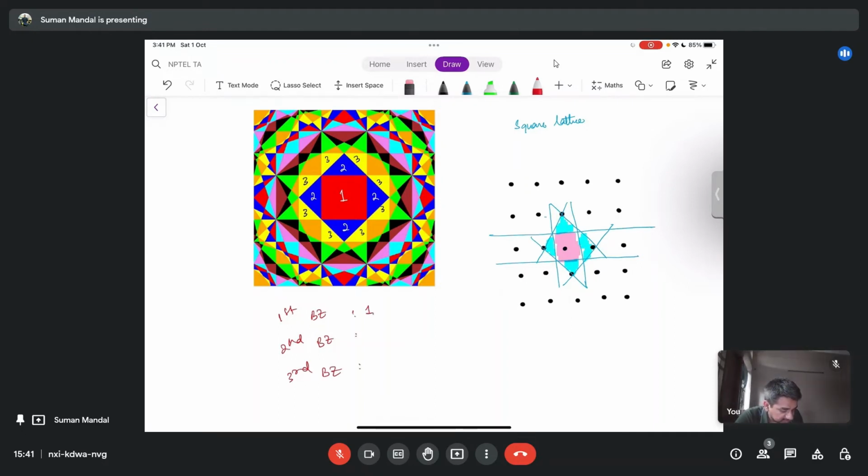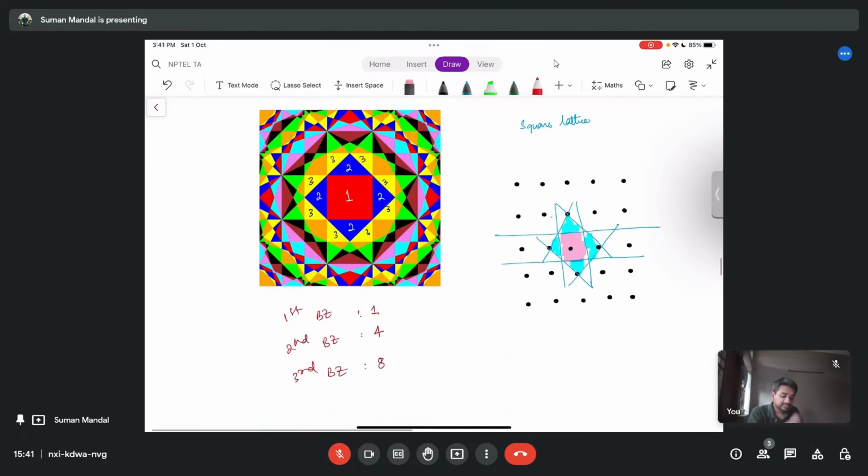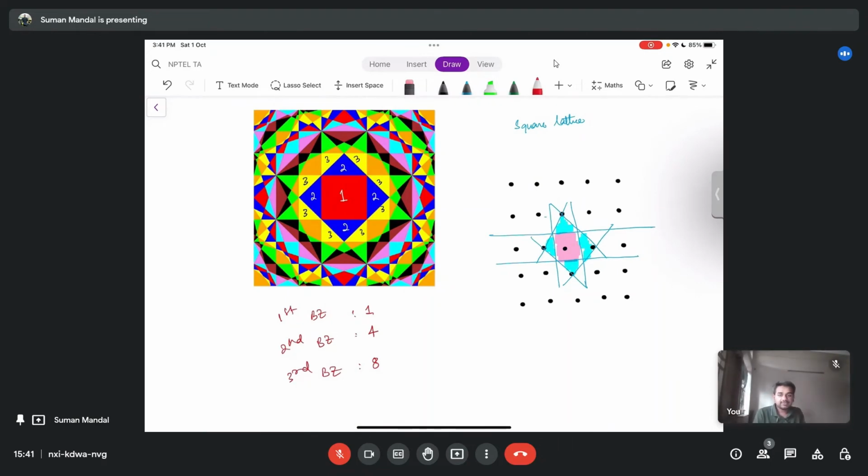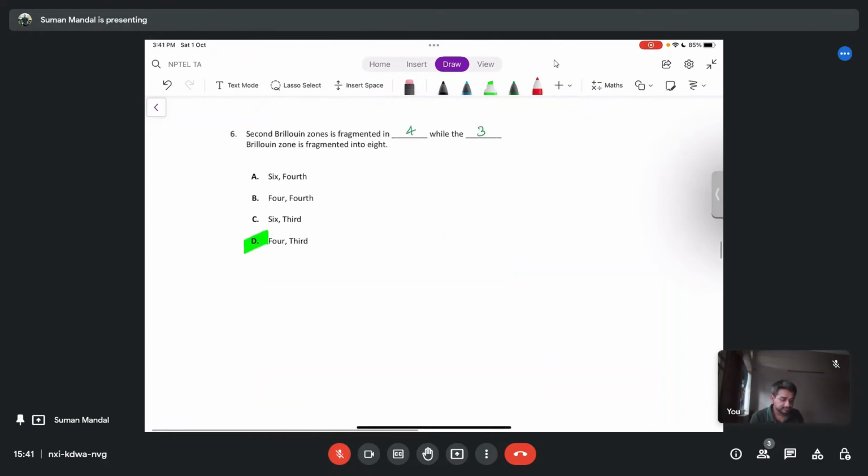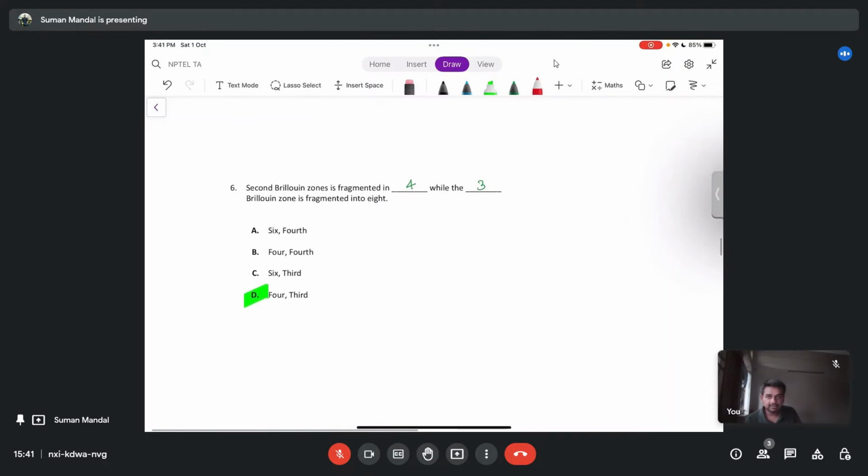So the number of fragments of the Brillouin zone depends on the shape of the reciprocal lattice. A square lattice will have a different number of Brillouin zone fragments compared to a rectangular lattice. So here it said that it had 8 fragments in the third one. That's why we know that this is only for a square lattice.